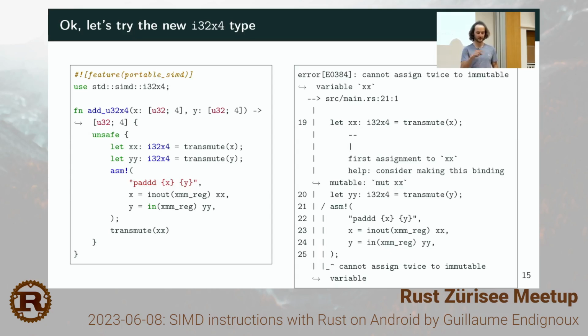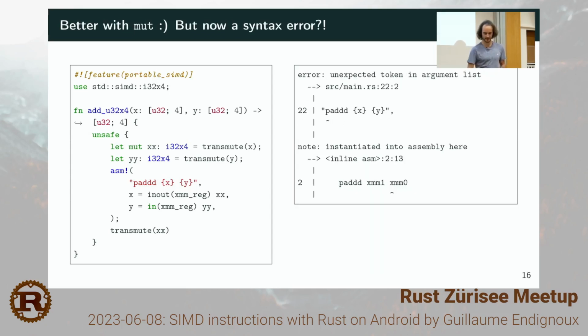And then when we transmute here, okay, this time we get a different error, which is that the first argument needs to be mutable. Indeed, we had the second argument into the first one, so that's easy to fix. We add a mut. And now, okay, we get a weird syntax error. What does this mean? There's tokens and arguments. It's hard to figure out what to do.